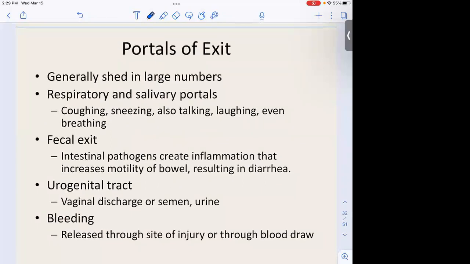All right, so as a general rule, when a pathogen is leaving the host, sometimes it might be only a single cell that enters the host, but as a general rule, they're always going to leave in much larger numbers than what they came in. That's just so they're successful. If there's only one cell leaving, what's the chance that it's going to infect another individual?